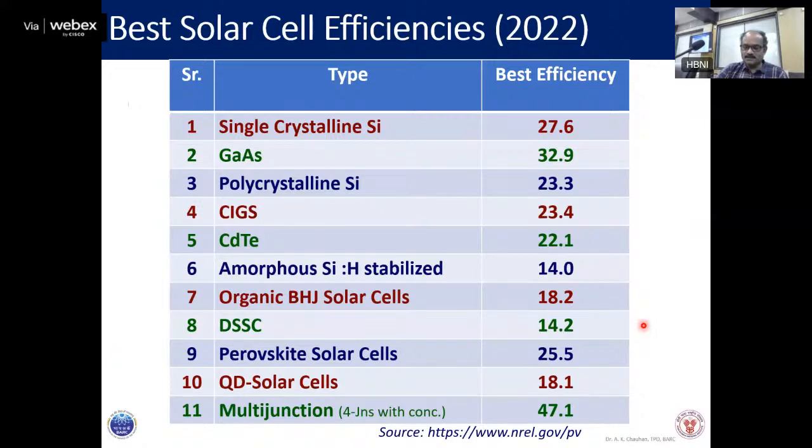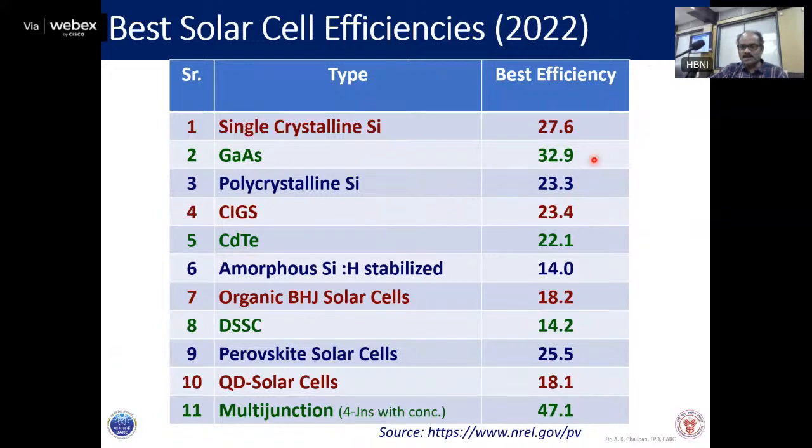This was for thermoelectrics. If I say for the solar cells, the best solar cell efficiencies, this was actually left yesterday: single crystalline silicon 27.6, gallium arsenide 32.9, polycrystalline silicon 23.3.